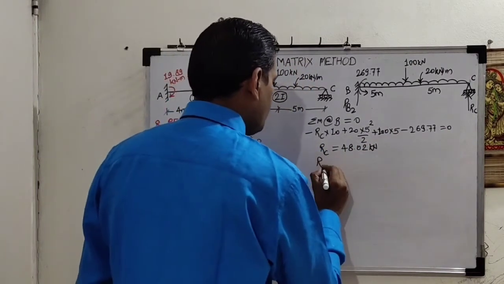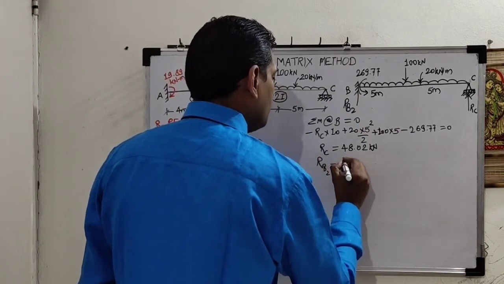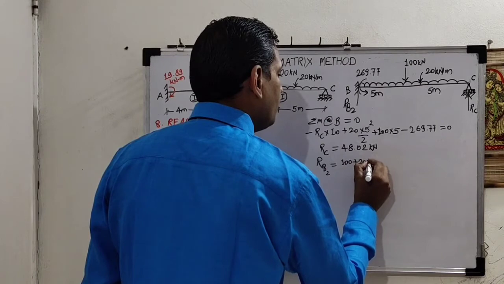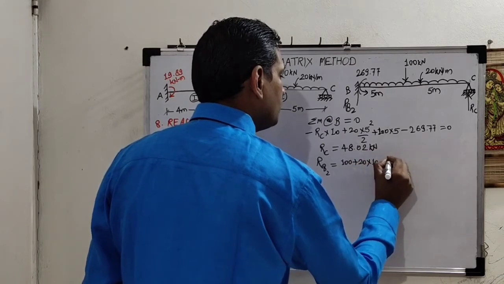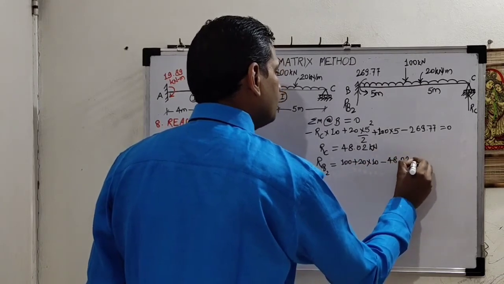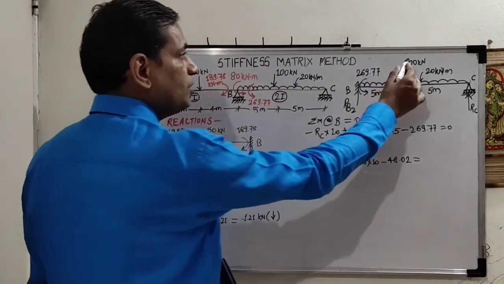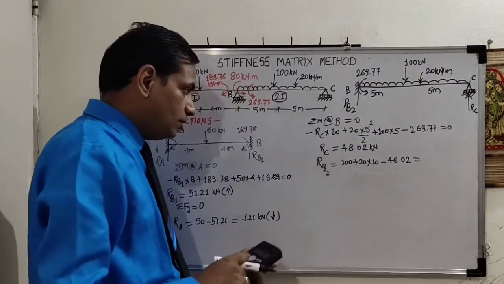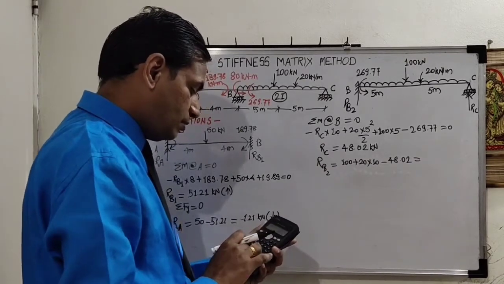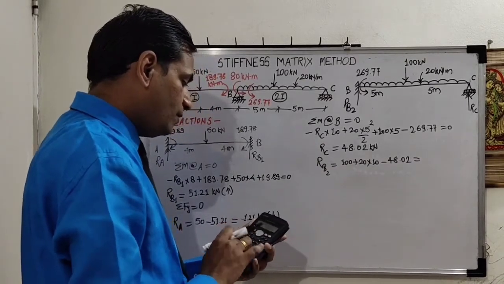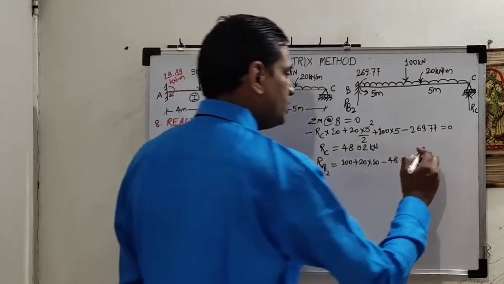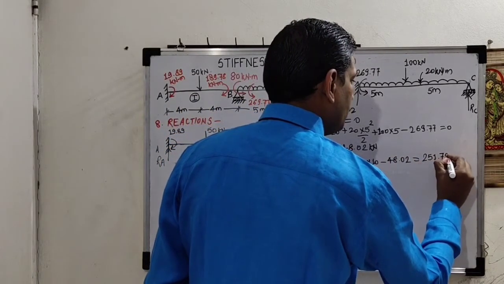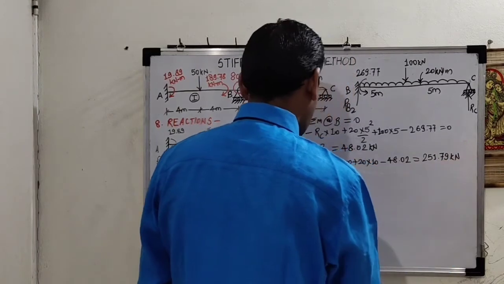So what will be RB2? 100 plus 20 into 10 minus 48.02. This is 100, then 20 into 5 is 100, so 300 minus 48.21. So it is 251.79 kilonewton.